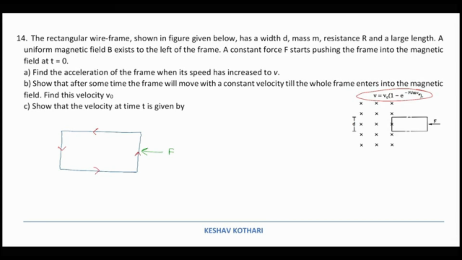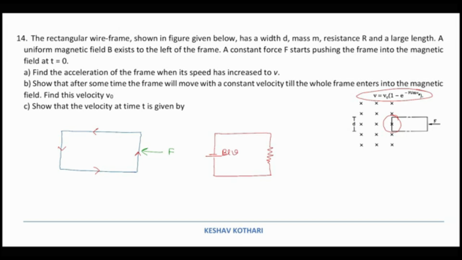And the cause of EMF will be because of this length segment. So we are understanding by drawing a circuit equivalent to this, such that the entire rectangular loop is offering a resistance R. So these two arrangements will help us in understanding every bit of this particular problem.